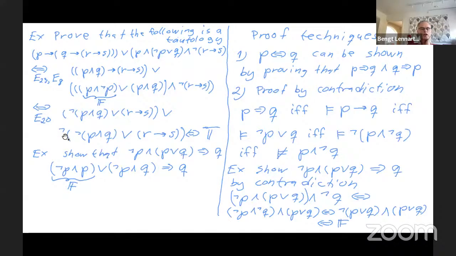So then I have a negation of, and then I need to put a negation there. And I change this and to an or, and then I can skip that negation operator. So now I have negation of negation P and Q or R implies S.